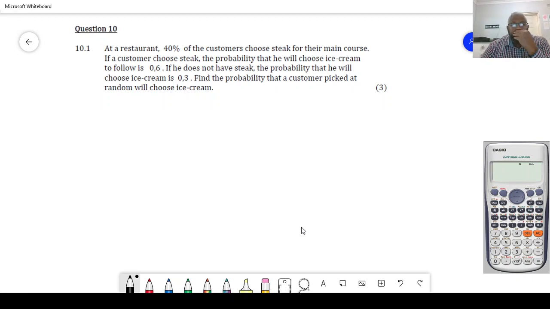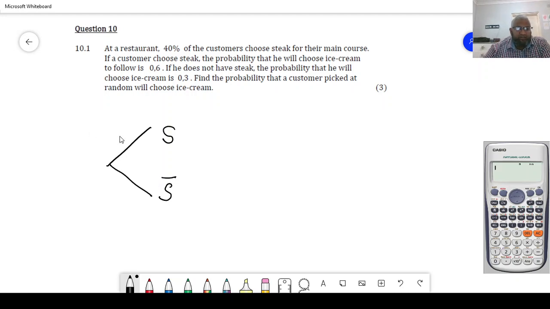We are told that at the restaurant 40% of the customers choose steak for the main course. So we have the customers choosing steak, and the customers that choose anything other than steak.